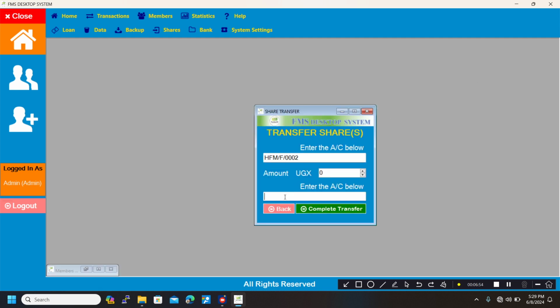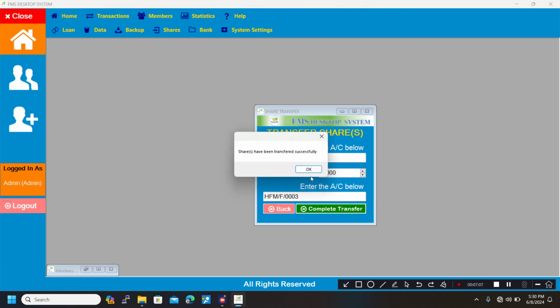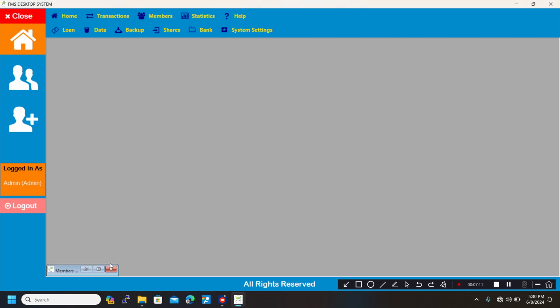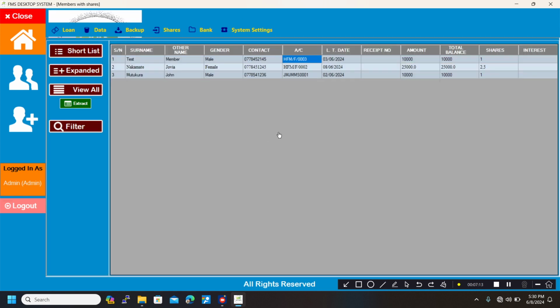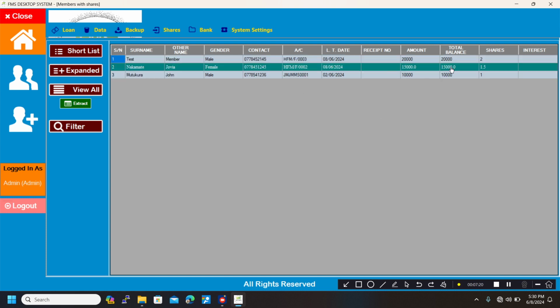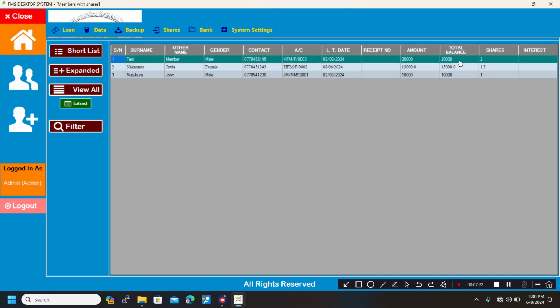So I'm going to paste here the account where the shares are going and then the amount. So I'm going to put 10,000. So when I complete the transaction, you'll see that it has been transferred successfully. So once we come back here, we shall notice that when you refresh, you can see that this has remained with 1.5 and this one has now gained 1 share.